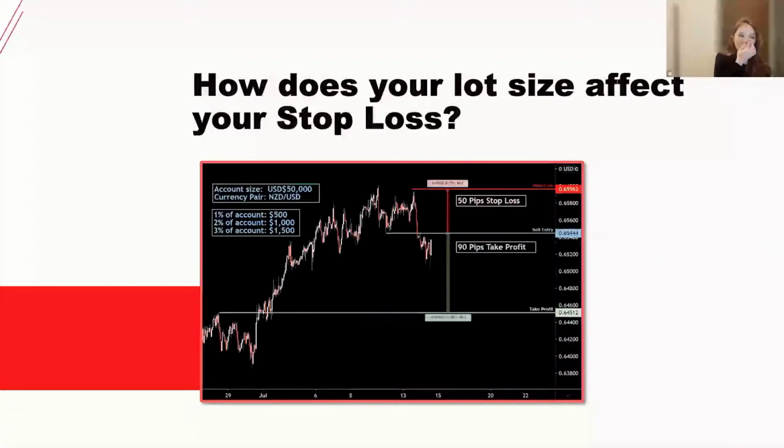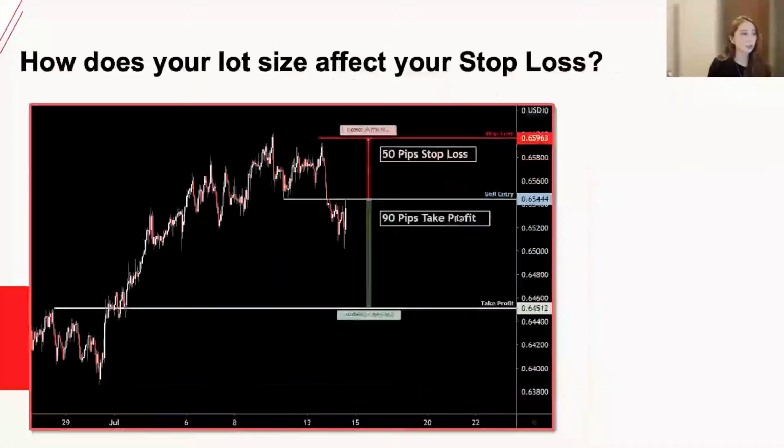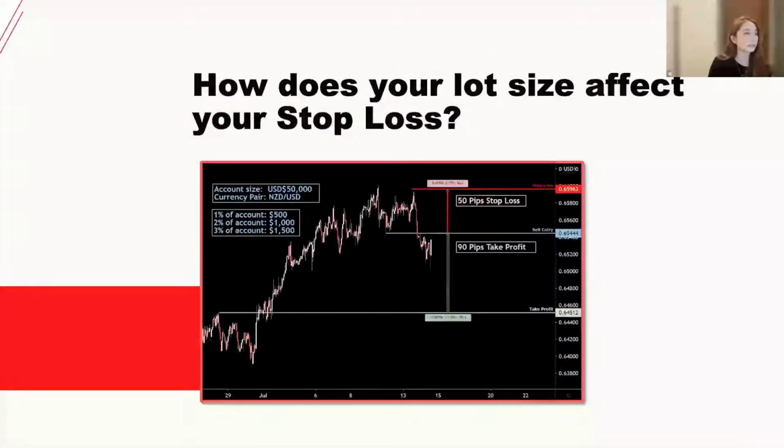For example, you are looking at putting a stop loss 50 pips away. However, your lot size is a huge amount, for example 1 standard lot, right? If you are losing all the way at 50 pips, you might get into a margin call. All right, so lot size does affect your stop loss.